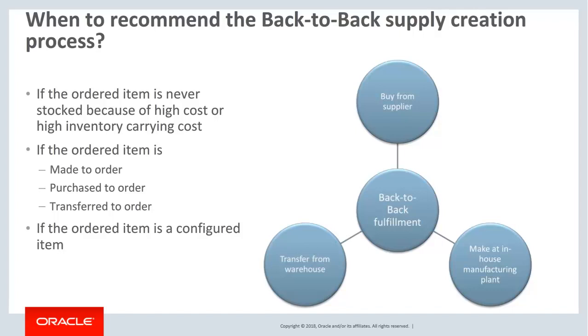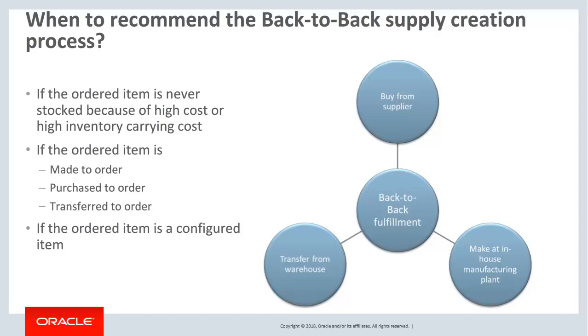The ideal candidates for back-to-back supply creation and fulfillment are those customer ordered items that are never stocked. The reasons for not maintaining stock of such items may vary. In certain selling organizations, such a classification of items may be reserved for a select few items, while in certain other selling organizations, all customer ordered items might be considered as candidates to be marked as back-to-back enabled because of the business model.